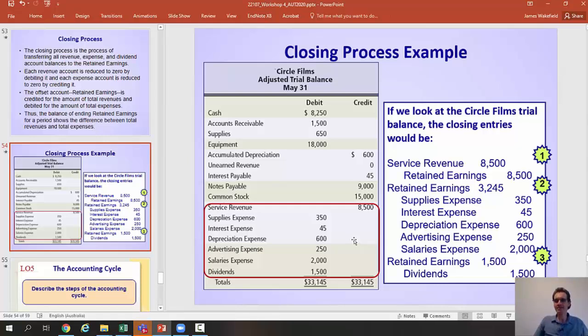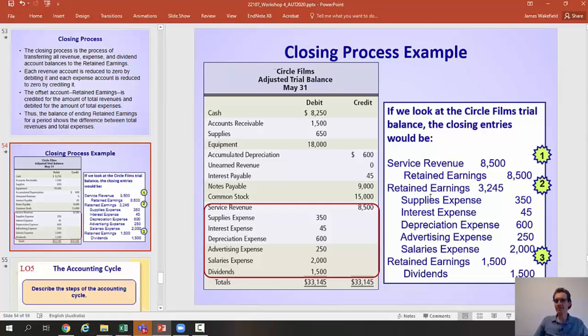So the amounts get transferred to retained earnings. So remember I said at the very end of the accounting process, you look at the retained earnings account and you use it once. And this is the only time you ever use it, which is during the closing process. So what you do here with service revenue is you debit it, as I said, to clear it out, and you transfer that amount by crediting that amount to retained earnings.